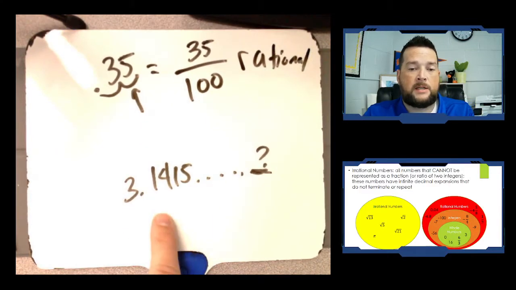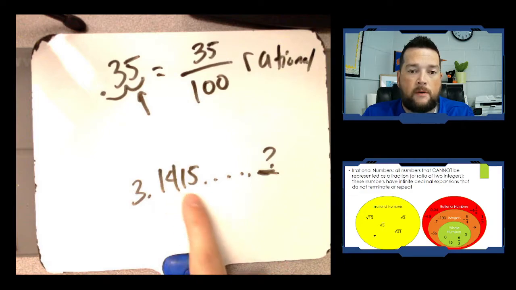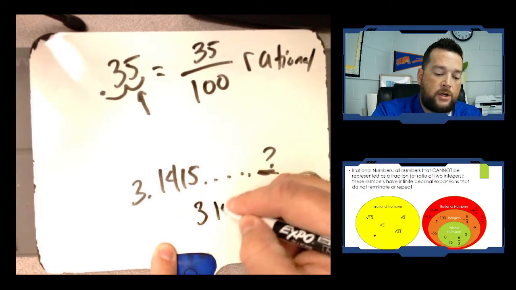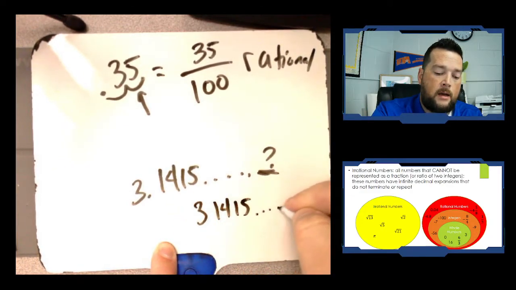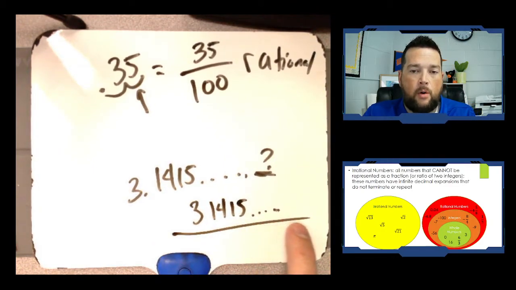But let's take this one, for instance, using that thinking that we just used. If you're turning a decimal into a fraction, you're going to take the numbers that you see and represent them as a numerator. But if these numbers keep on going forever, we don't know what numbers are going to end up being put up on top of here.